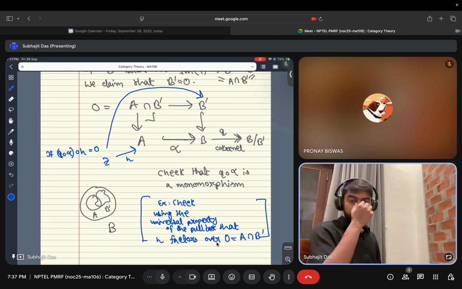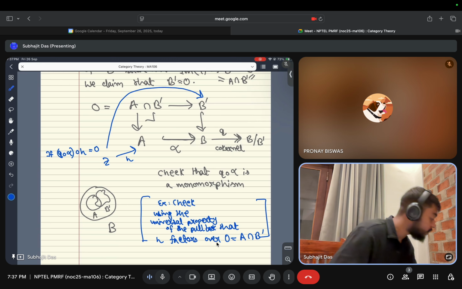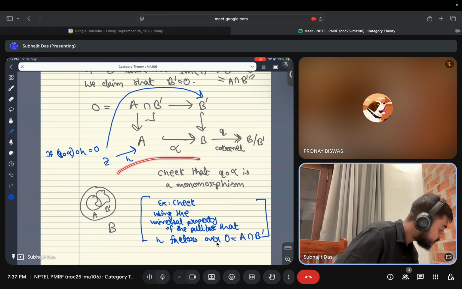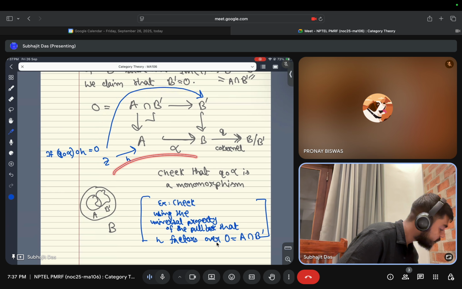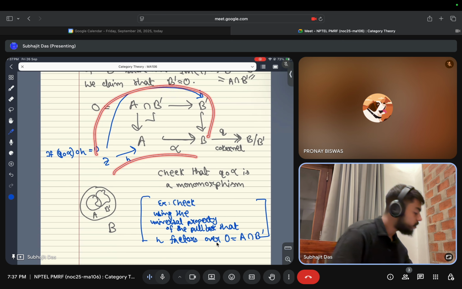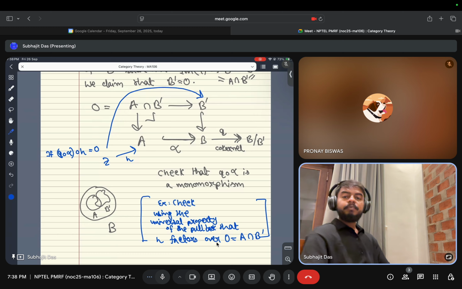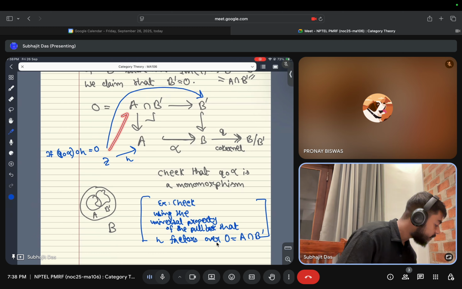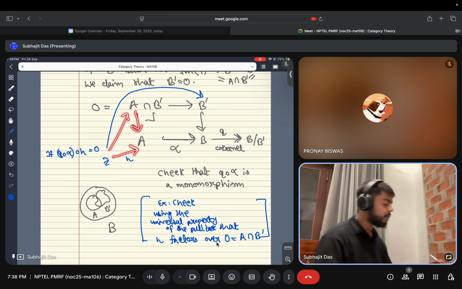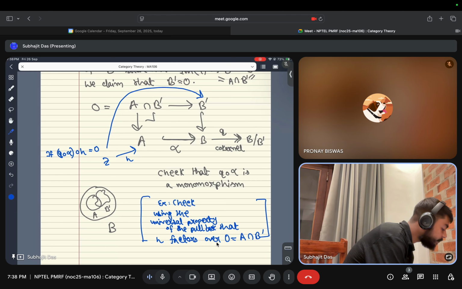Okay, so that would actually prove that Q composed with alpha is a monomorphism, because what you would have is this composition and this composition are equal. So what you would have is a unique map from this to this, which is exactly the 0 map, making the obvious two triangles commute. In particular, this composed with this would be equal to this, which would say that H is 0, right? So that would prove that Q composed with alpha is a mono.